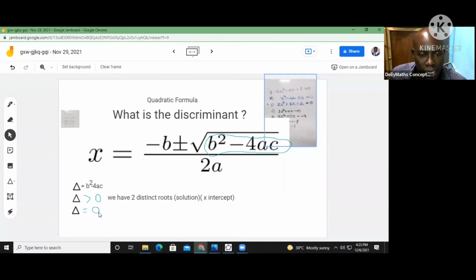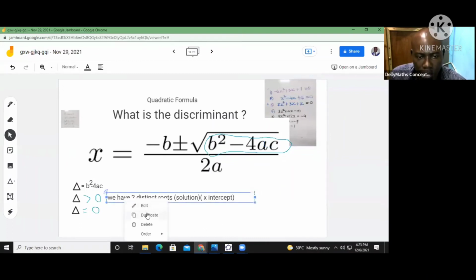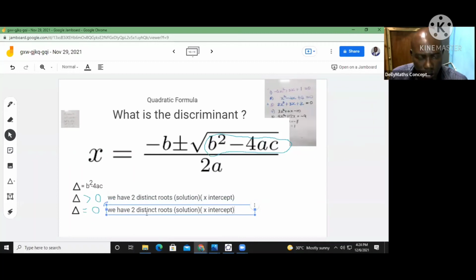So when it is equal to 0, this is what you will have. People call it 2 equal roots. And that's what you were asking last week, Mr. Layla, when you were saying, what if you work it out and get the same case?